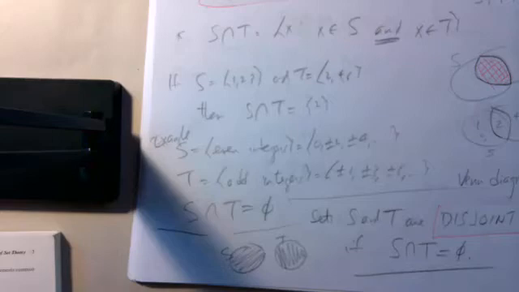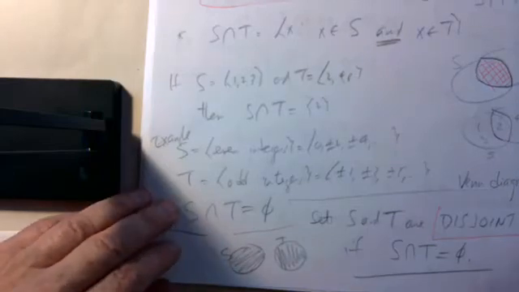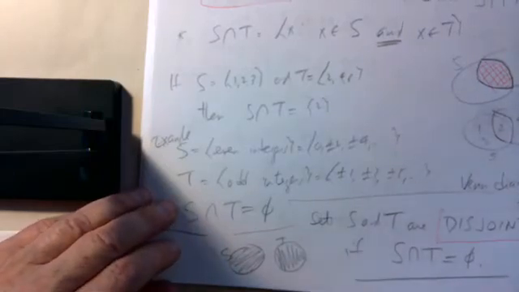Any questions so far? Now, I just defined union and intersection for a pair of sets, but it's easy and natural to extend the definition to more than two sets.